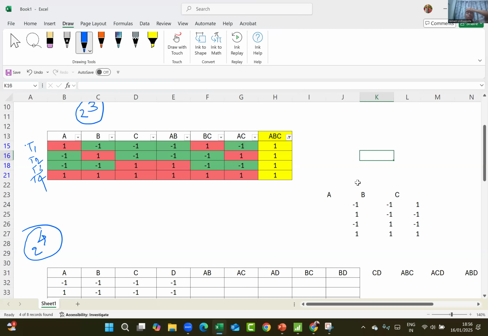Now, as you know, A is confounded with BC, B is confounded with AC, and C is confounded with AB because the sign sequence is identical in those columns.